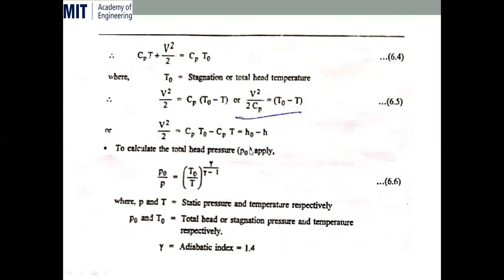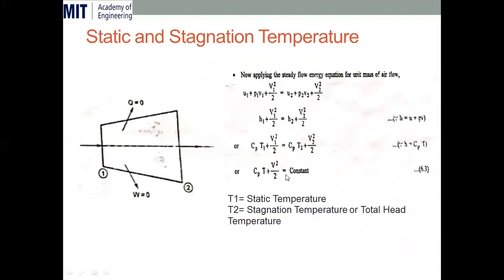These are some simplifications that we have to use afterwards for the analysis. T1 is your static temperature and T2 is your total head or stagnation temperature. So stagnation properties you denote by the T0 suffix, and this is the T1.